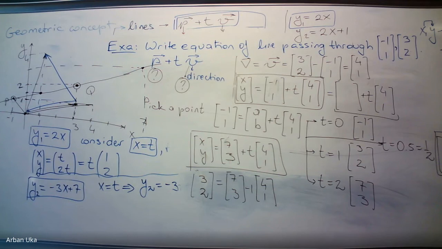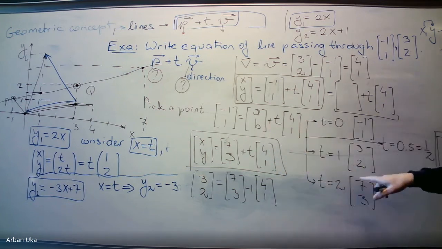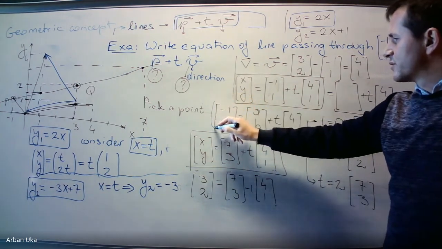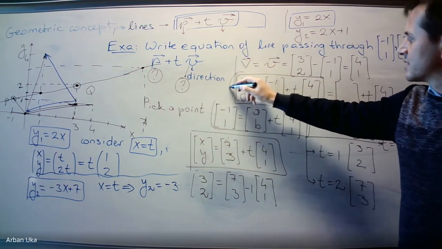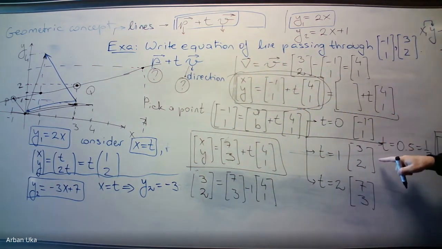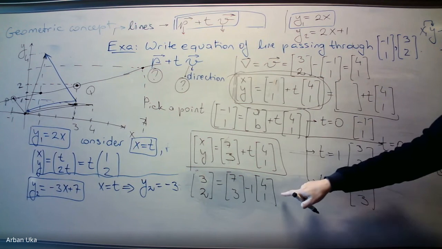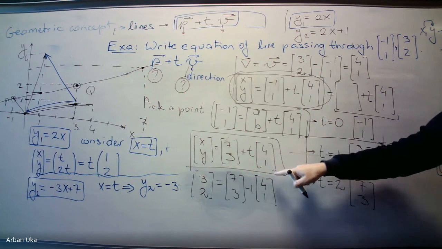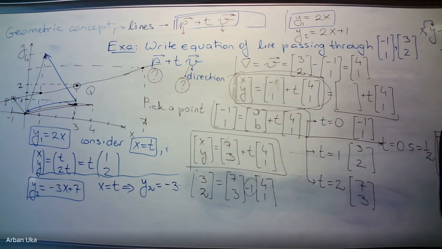For example, if we use this expression for the point (3,2), it was whenever t was 1, right? If we use this other expression, we find a similar expression for (3,2), but when t is -1, okay?